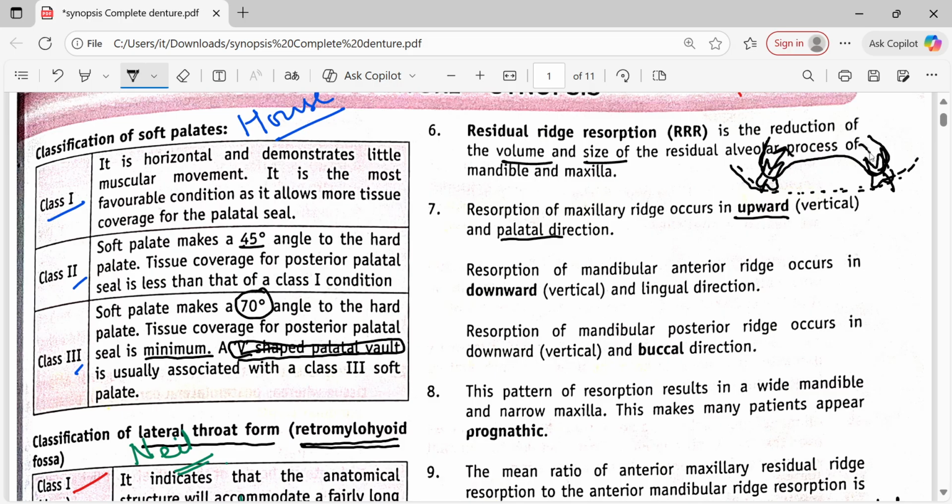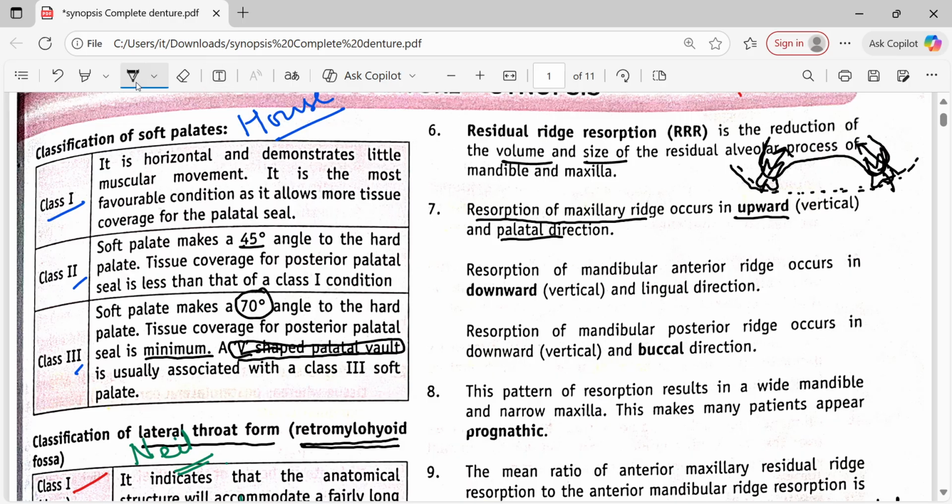It will be like this only. Because your molars are angled in this direction, the bone resorption will be in this direction only, because the shape of the bone is like this. So it will be palatal, that is inward and upward. So the resorption of the maxillary ridge will be upward and palatalward.